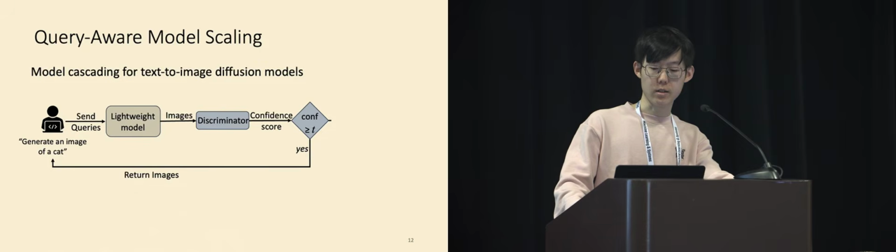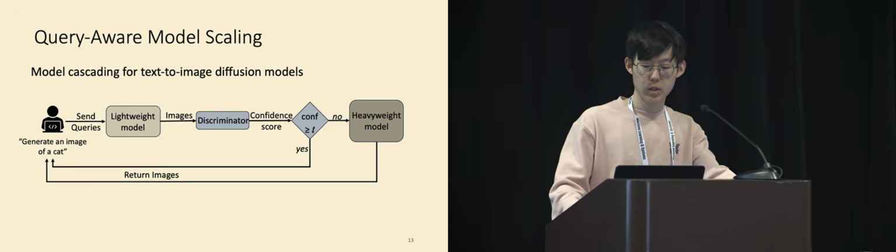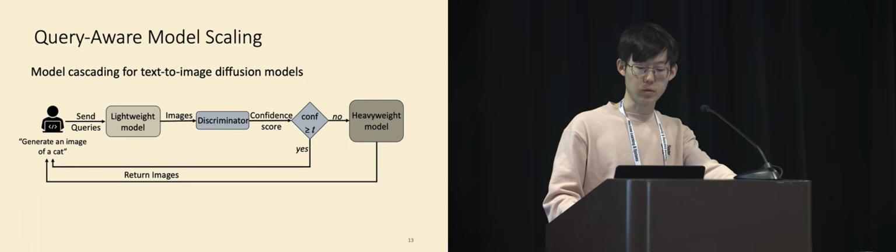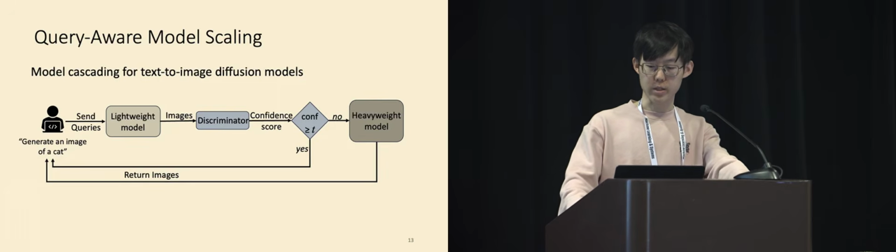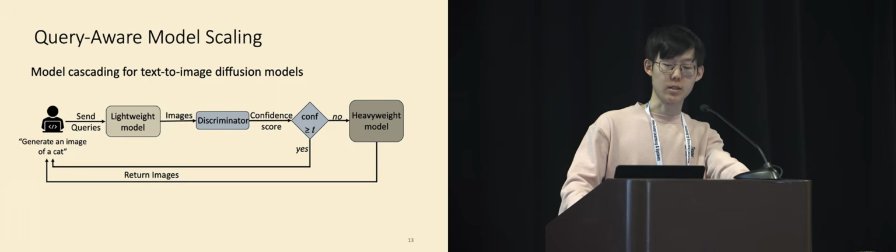If that score is higher than the threshold, we return the result right away, and this saves time and GPU cycles. If the discriminator is not confident, we reroute the query to the heavyweight diffusion model. The second-stage model generates a higher quality image, which we then return. In this way, we only use the heavyweight model when truly necessary, achieving both quality and efficiency.